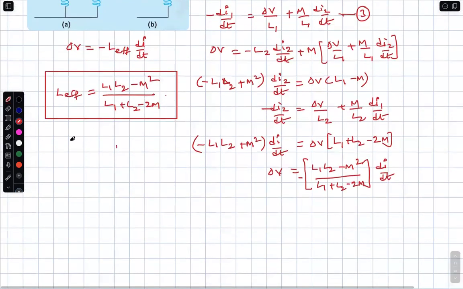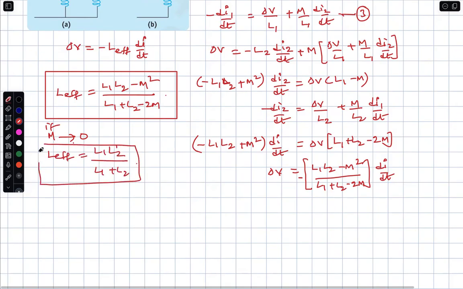Okay, in this case, if M tends to 0, suppose the inductors are far apart, L effective becomes L1 L2 by L1 plus L2, similar to our resistances. Mutual inductance negligible.